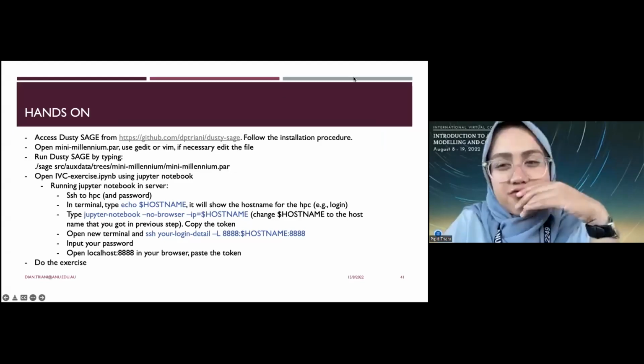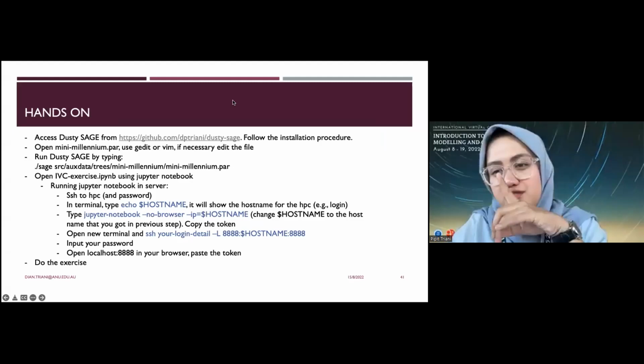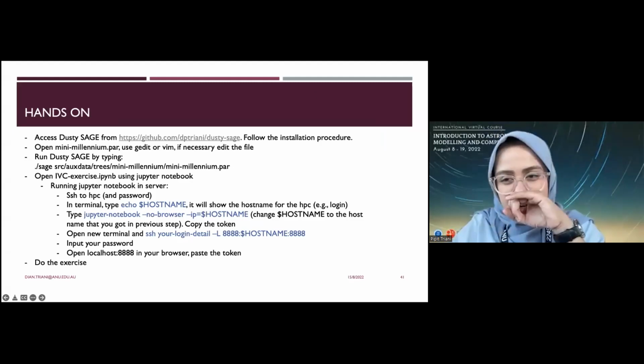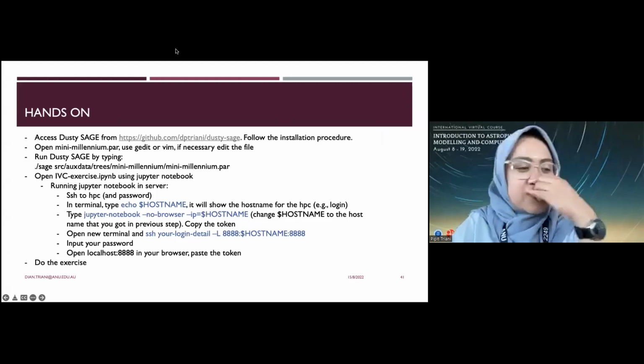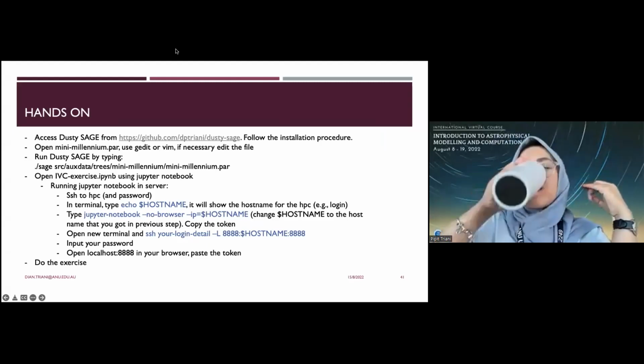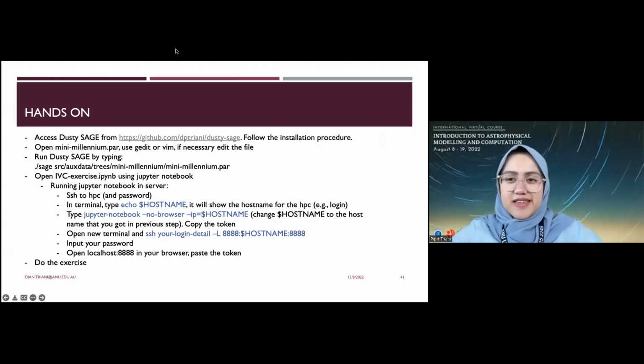I think you have to wait around 5 minutes for it to finish running. If you have finished running, please raise your hand or type something in the chat box so I know that you're successfully running it. Then I can show you how to access the Jupyter notebook in the server.